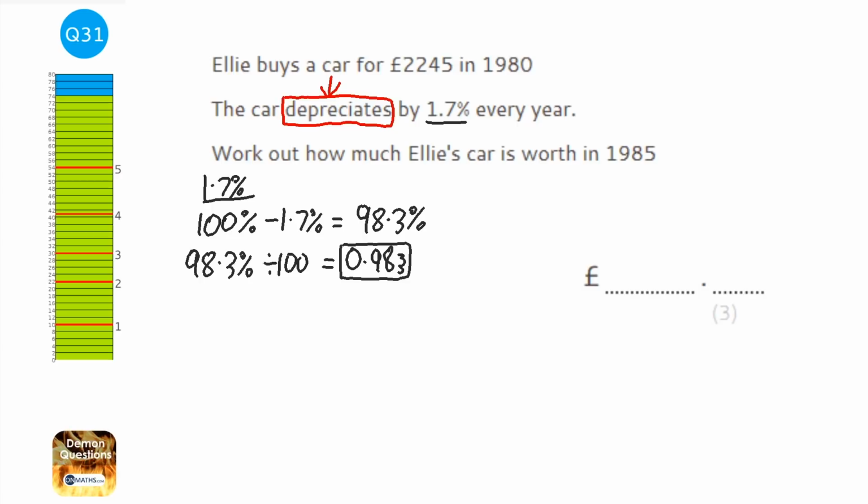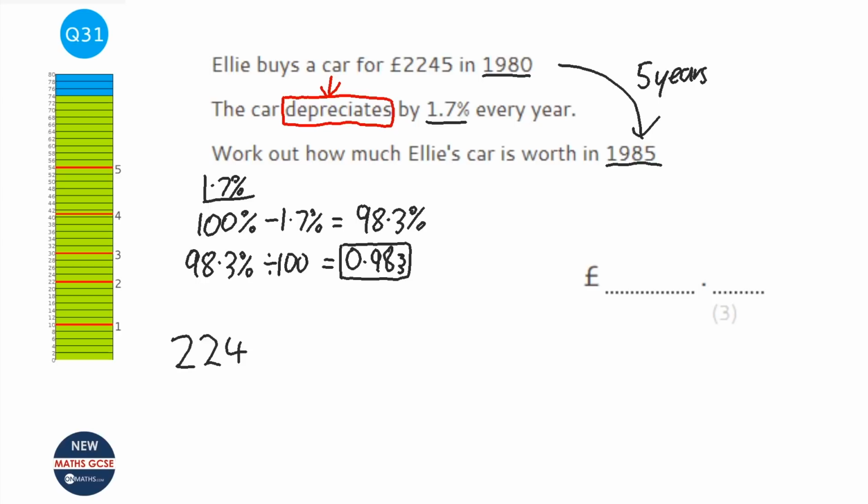So we've got a car we bought in 1980, and what is it worth in 1985? So that is 5 years. So it's going to depreciate by 1.7% every year. So we've got the 2,245, and if we times it by 0.983 once, that's 1 year.